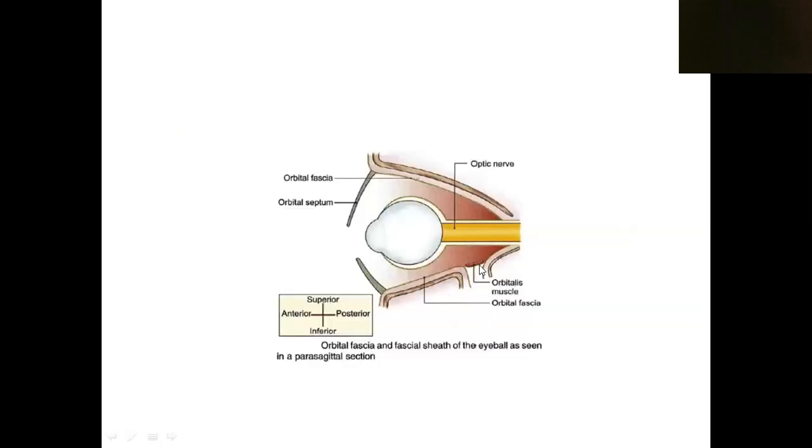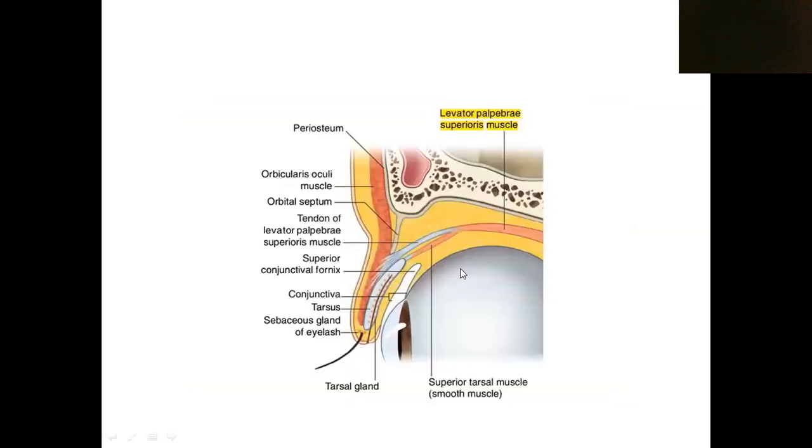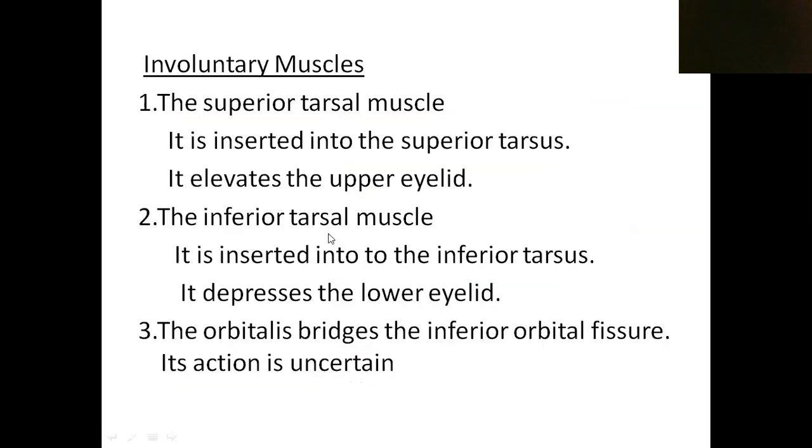Here this is the inferior orbital fissure, and this gap is bridged by a muscle. That means the inferior orbitalis muscle. So anyway, those are the three involuntary muscles: superior tarsal muscle, inferior tarsal muscle, and orbitalis muscle.